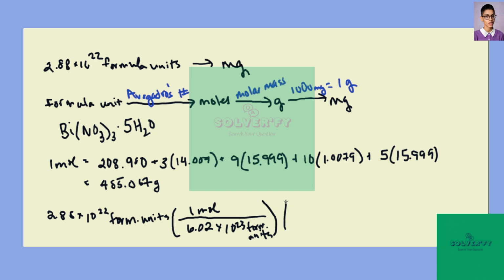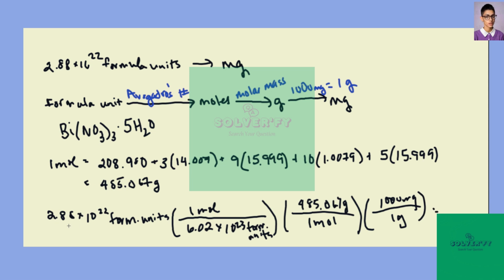And then we can change it to grams, 485.067 grams for every mole. And then finally we can change to milligrams, 1,000 milligrams for 1 gram.